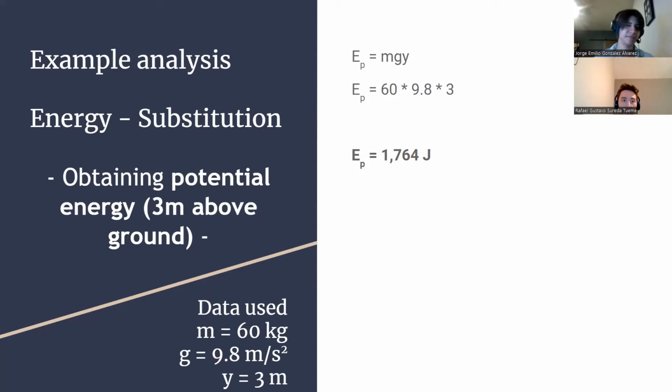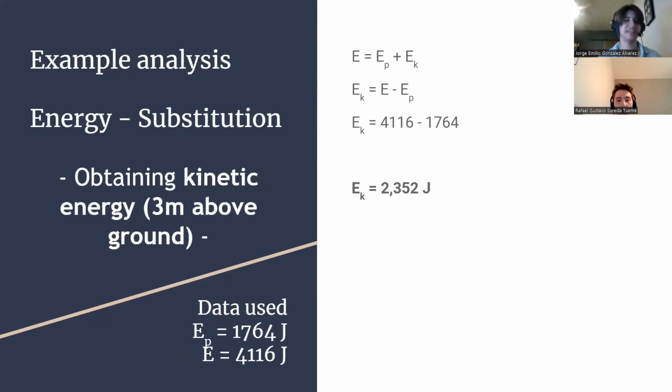Now we need to find the potential energy at 3 meters above the ground. So we follow the formula of potential energy, which is mass times gravity times height, which gives us the result of 1,764 joules. Now we need to find the kinetic energy 3 meters above the ground.